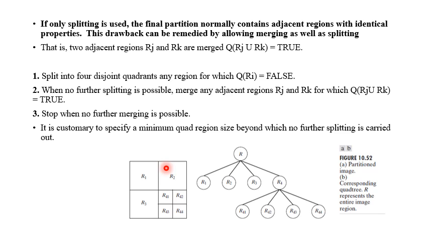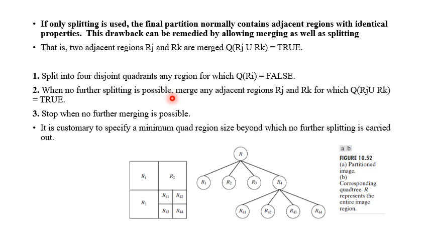If two adjacent regions Rj and Rk are merged, the predicate of the union should be true. We can summarize all this into the following steps. Split into 4 disjoint quadrants such that for any region Q of Ri is false, and go on splitting till no further splitting is possible.